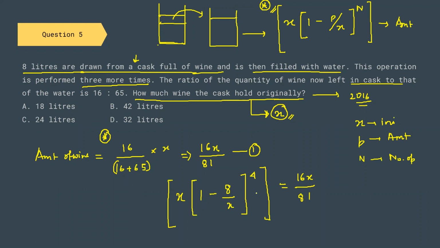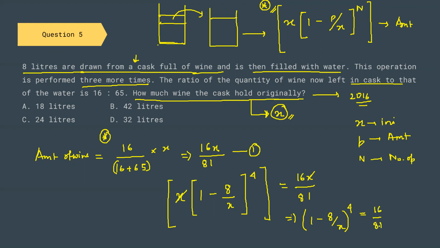Now just hold on. This equation looks complicated enough. We are going to simplify this particular equation and see if we can work it out or not. So from the first glance, we can remove this x from the both side. So what we are left with, (1 minus 8 by x) to the power 4 equal to 16 by 81.